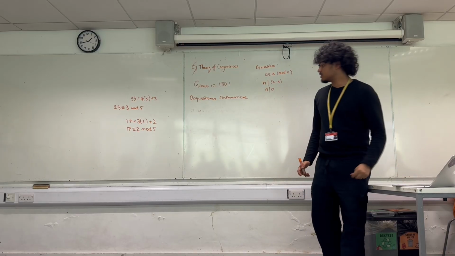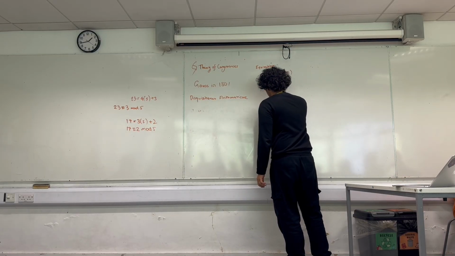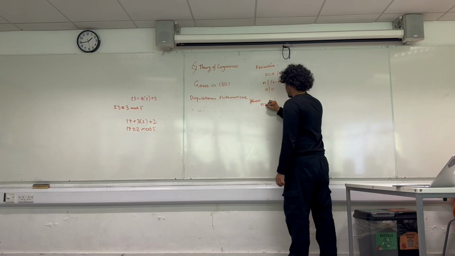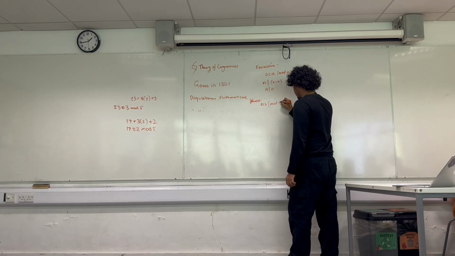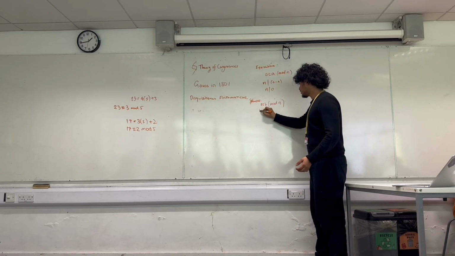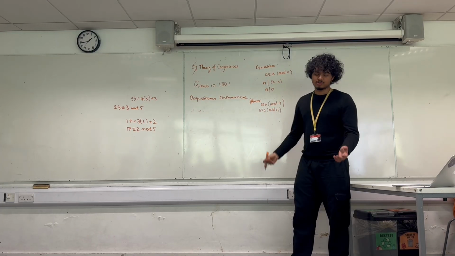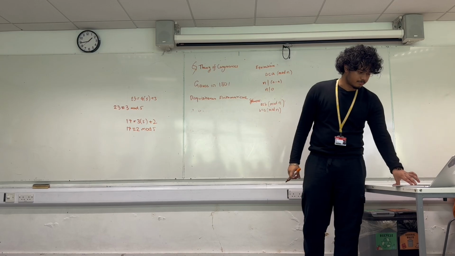The symmetric property is that if a is congruent to b mod n, then we have that b is congruent to a mod n. These seem very trivial, but they're also very important as well, I think.